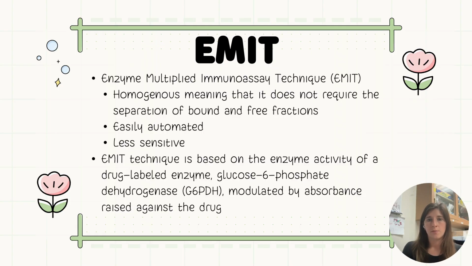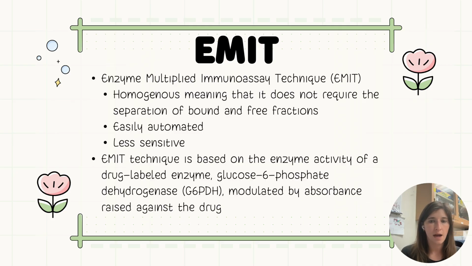So one type of an immunoassay is EMIT. EMIT stands for Enzyme Multiplied Immunoassay Technique. It is a homogeneous immunoassay, meaning that it does not require the separation of the bound and free fractions. EMIT is easily automated, but it is less sensitive than other techniques like ELISA, which we're going to talk about in a second.